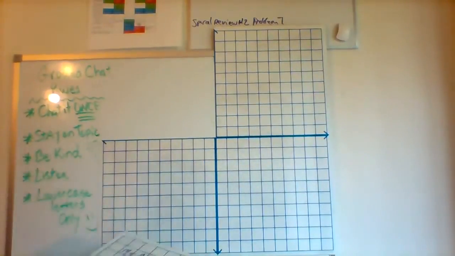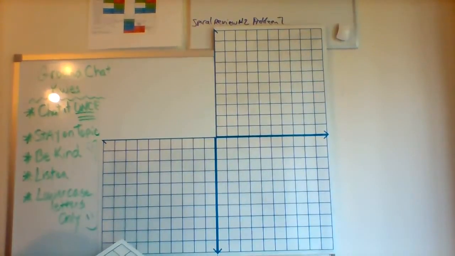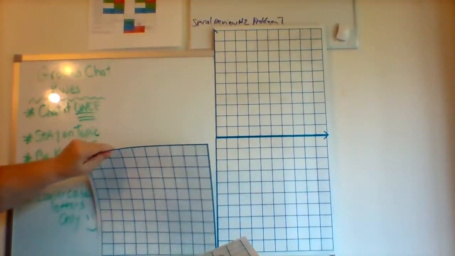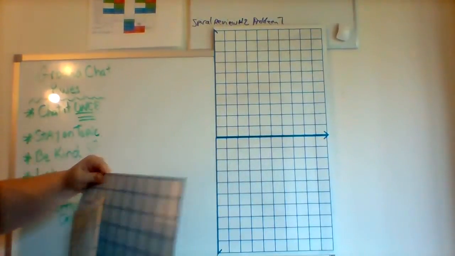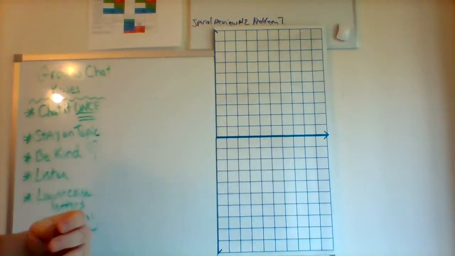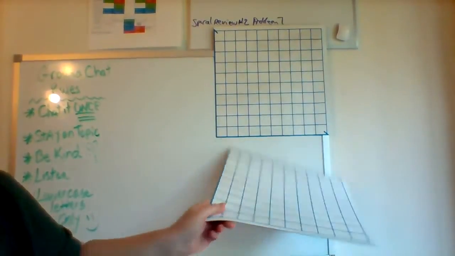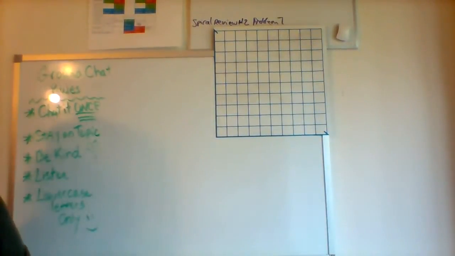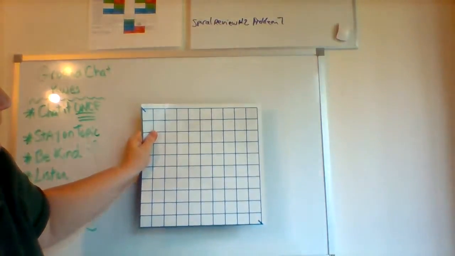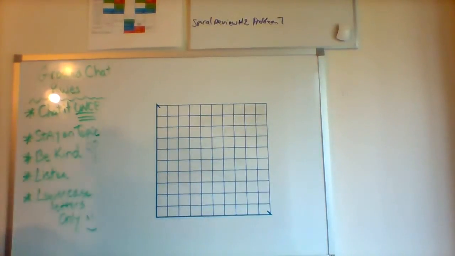For number 7, they're only showing us one quadrant, actually. They're only showing us this quadrant right here. So I'm going to move this over here. That way it's a little bit clearer.